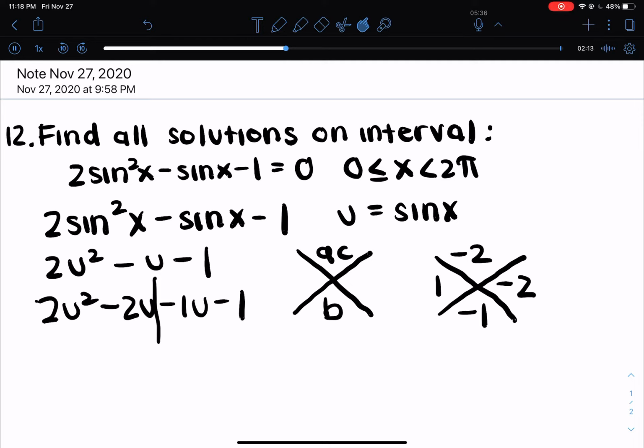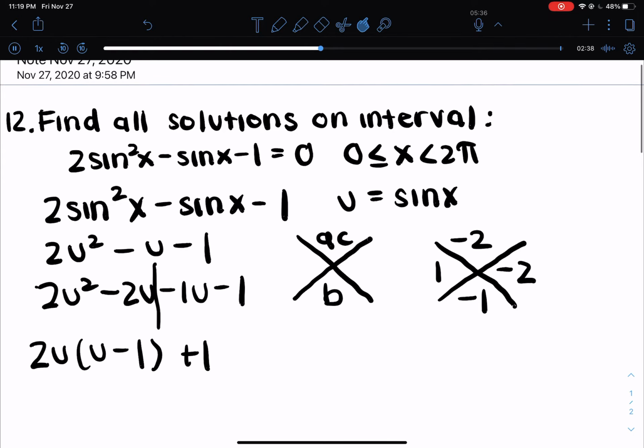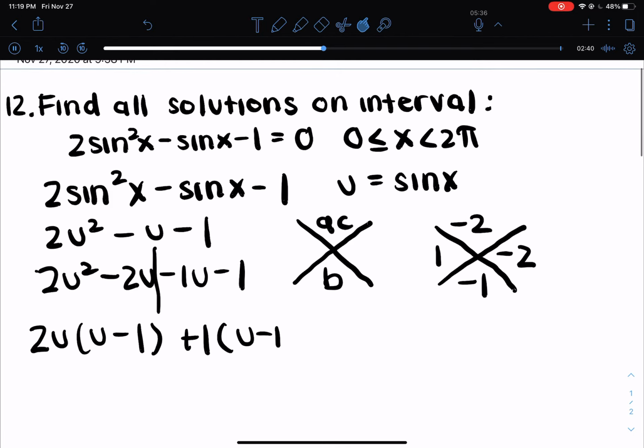So the one factor that's in common on this side would be 2u. So 2u times (u minus 1). Okay, and then on this side, the factor they have in common is 1, so it would be 1 times (u minus 1).